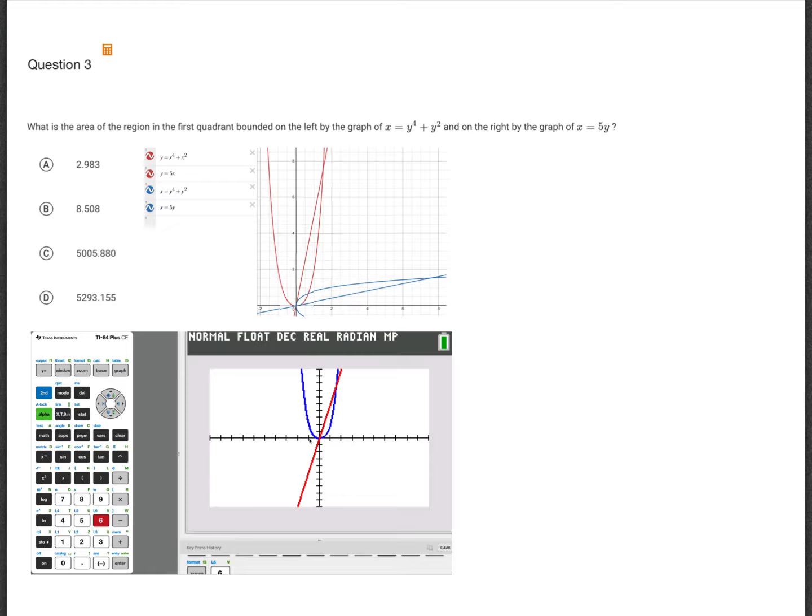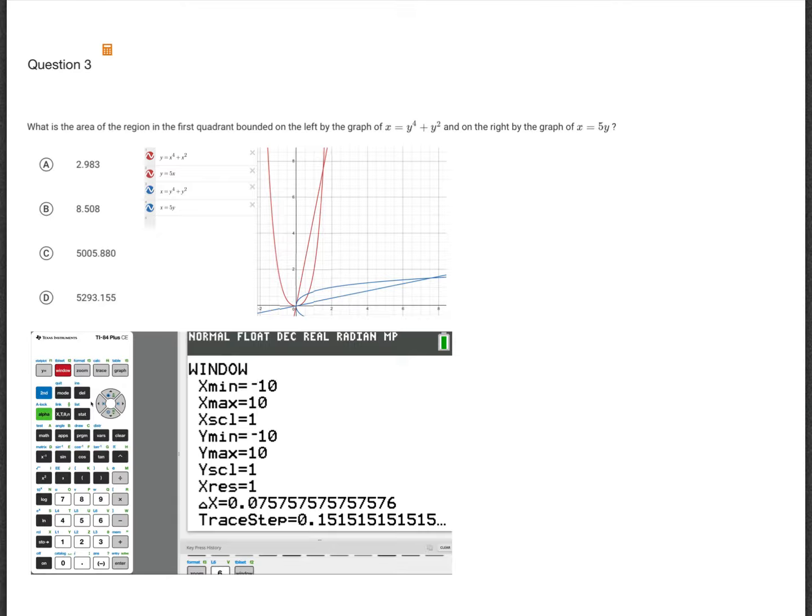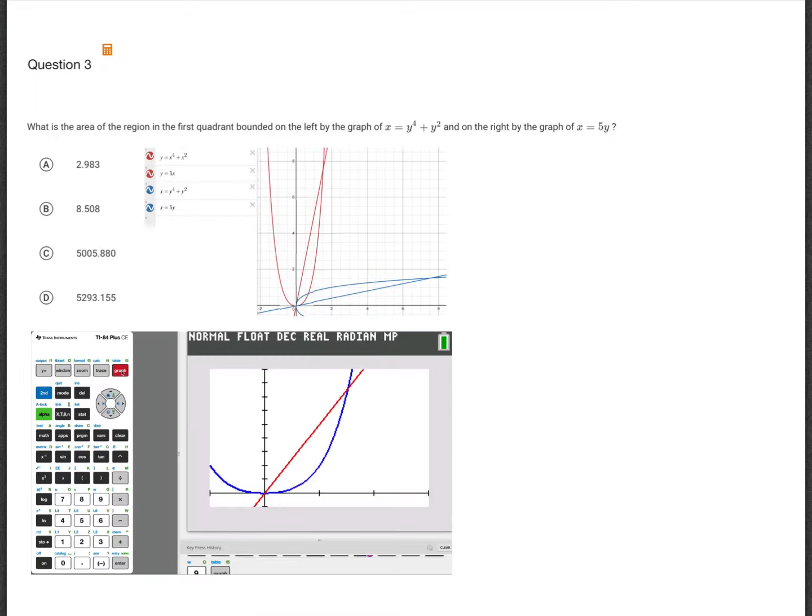Notice it goes from -1 to about 3 in the x direction, and -1 to maybe 9 or 10 in the y direction. So we'll do -1 to 3, and then -1 to maybe 9. Okay, now we've got a little better view of the graph.